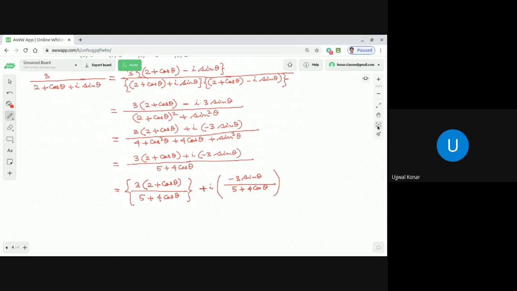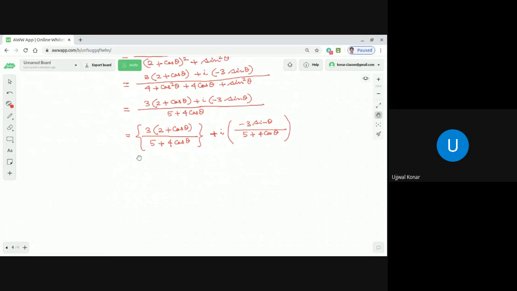So if we express this in terms of a plus ib, we get a is equal to 3 into 2 plus cos theta divided by 5 plus 4 cos theta, and b is equal to minus 3 sin theta divided by 5 plus 4 cos theta.